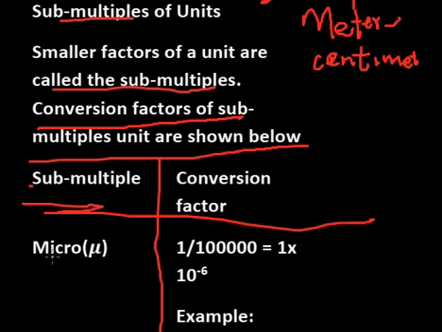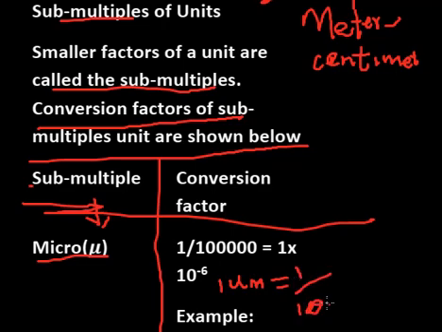Anytime a unit is micro, for example micrometer, micro simply means that you are dividing that unit by 1 million. That's one sub multiple. So for example, if I have 1 micrometer and I want to convert it, I simply need to divide by 1 million.